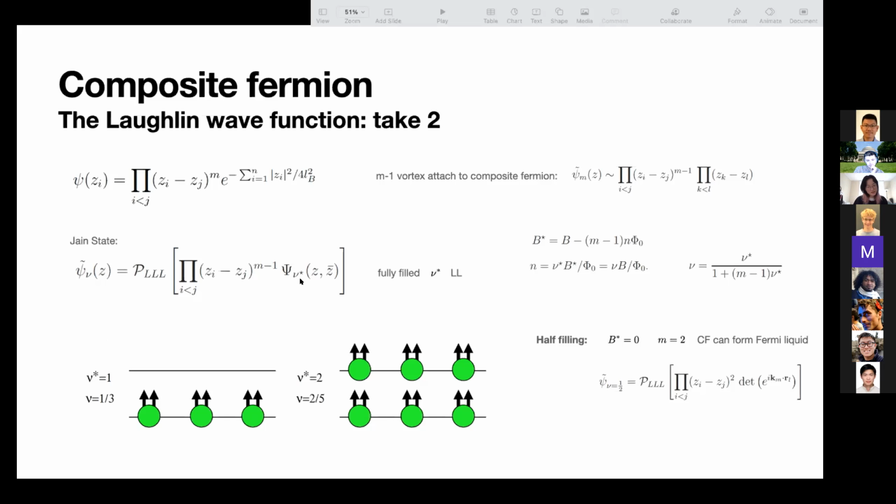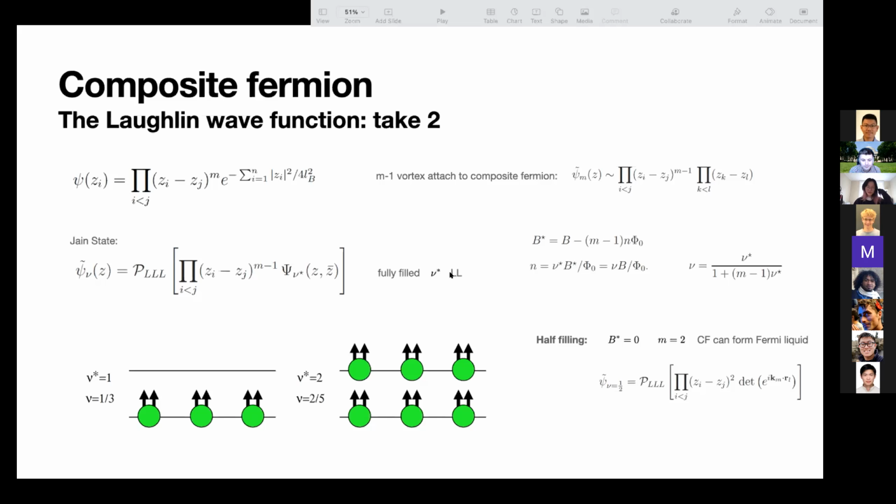Okay, so let's see what this composite fermion picture can teach us. By the way, we call the fermion in this nu star Landau level a composite fermion.